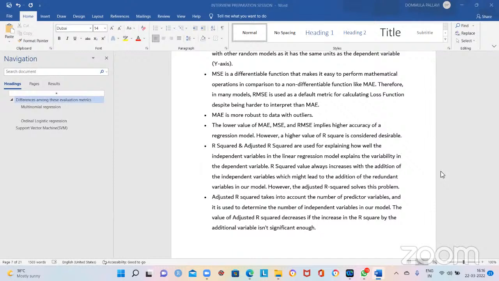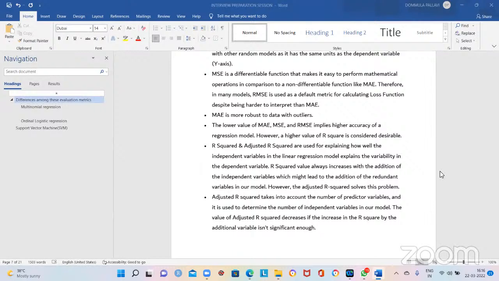However, a higher value of R square is considered desirable. Coming to the next one, R squared and adjusted R squared are used for explaining how well the independent variables in the linear regression model explain the variability in the dependent variable.